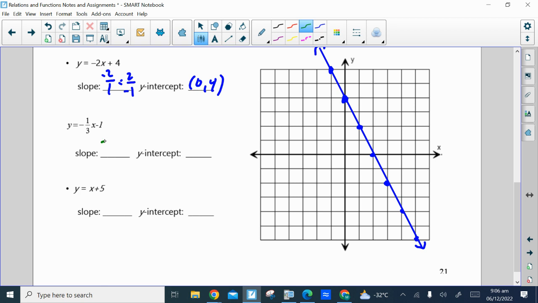You can either write this as negative 1 over positive 3 or positive 1 over negative 3. Alicia, what's the y-intercept? Is that right, Riley? Okay, so how do we graph this?